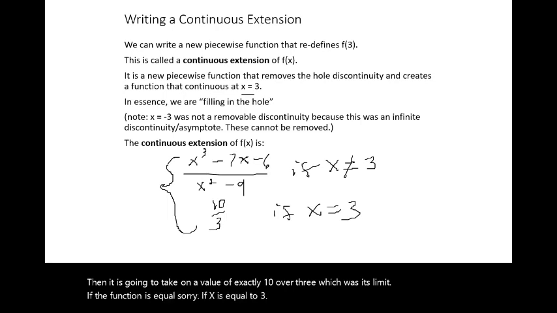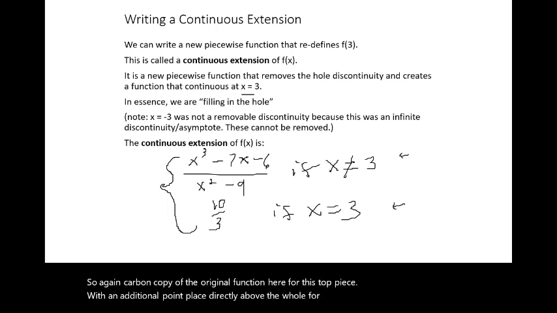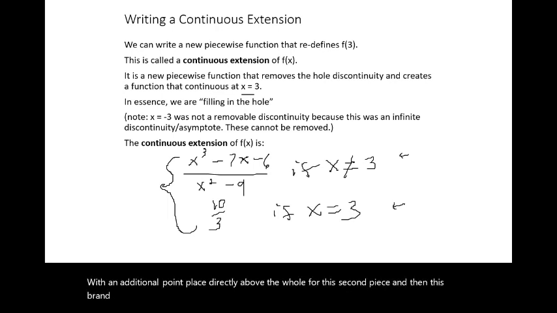So again, a carbon copy of the original function for this top piece, with an additional point placed directly above the hole for this second piece, and this brand new function, this continuous extension, is now continuous at x equals 3.